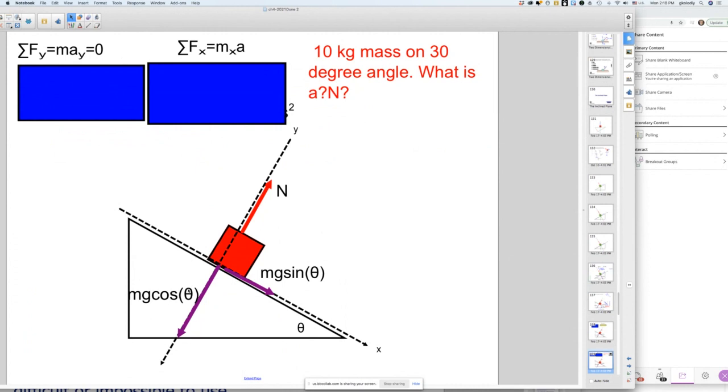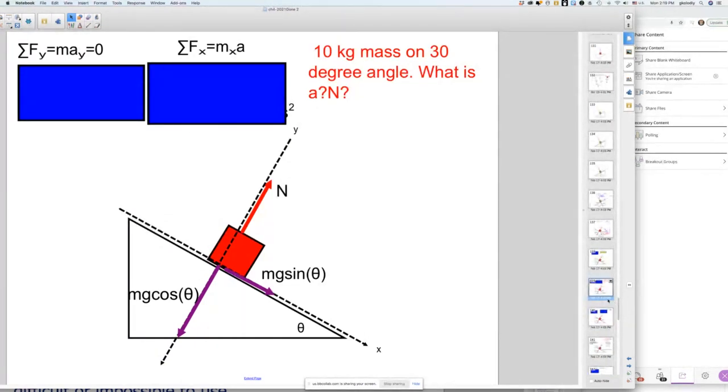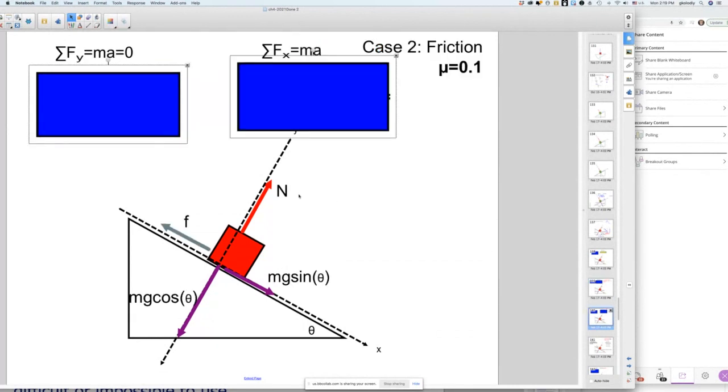Again, these are the forces as we left them off over here, and this is without friction, which we did in the previous class. And with friction, this looks like this. There's a force here.